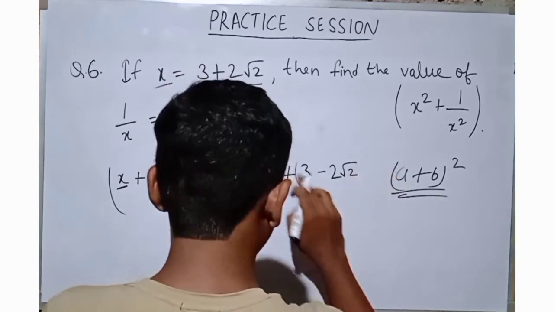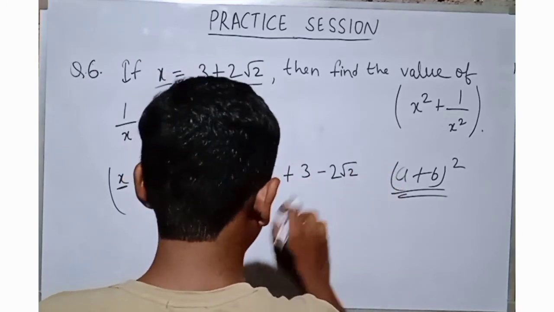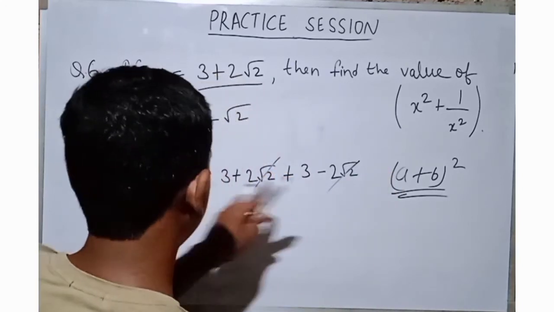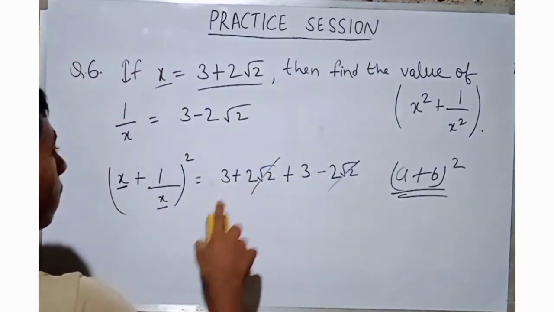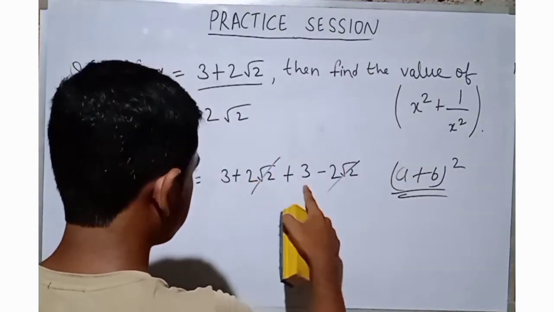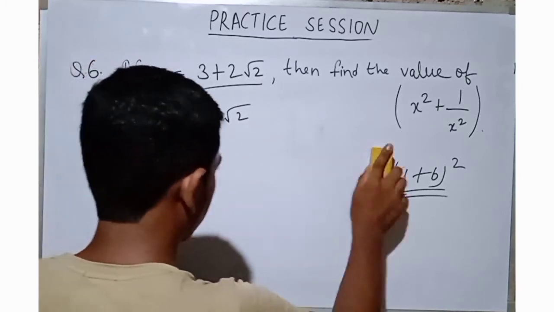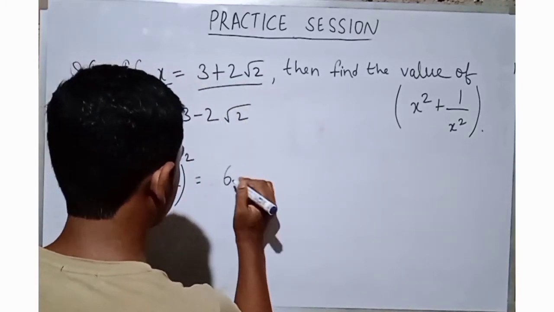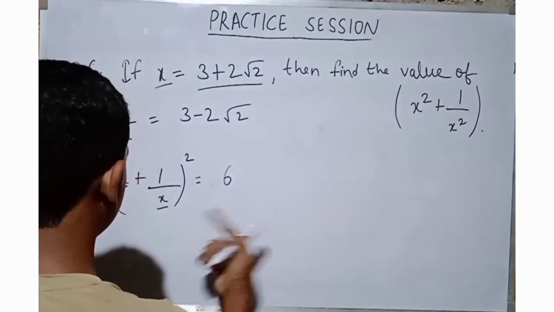Okay, so we need not worry. It will be cancelled, so it will be 6. I'm writing here directly, you should not do that directly. It gets cancelled and 3 plus 3 will be 6. I have just told you why.